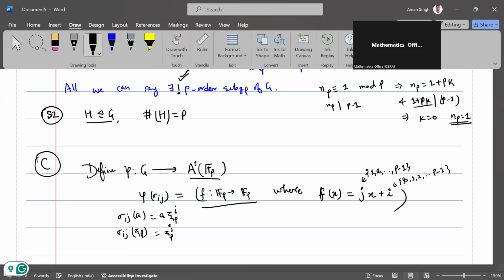And note that this was the case that j belongs here and i belongs here. We are sending this sigma ij to this map jx plus i, or this is our f of x. This is how our f is defined, the image.